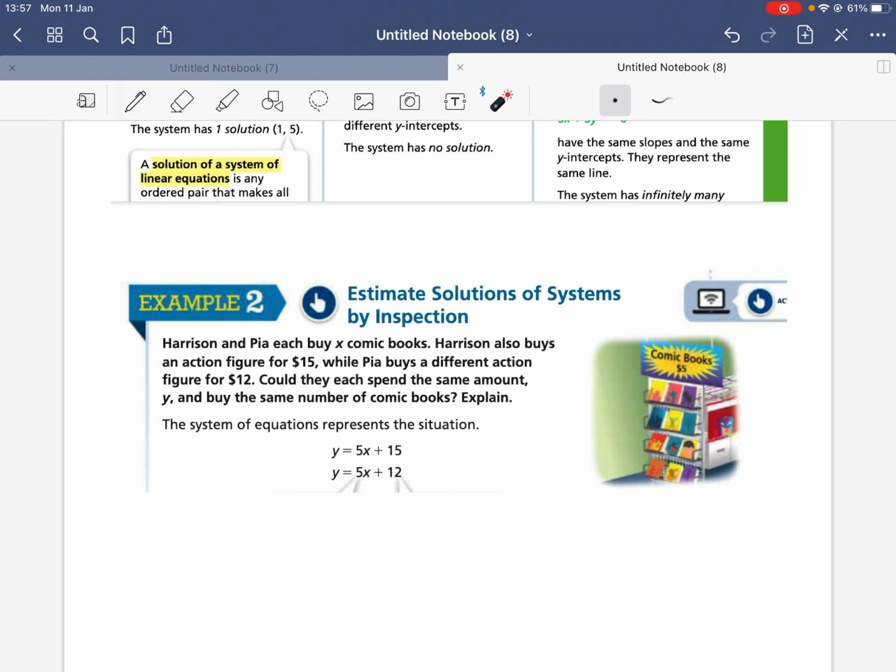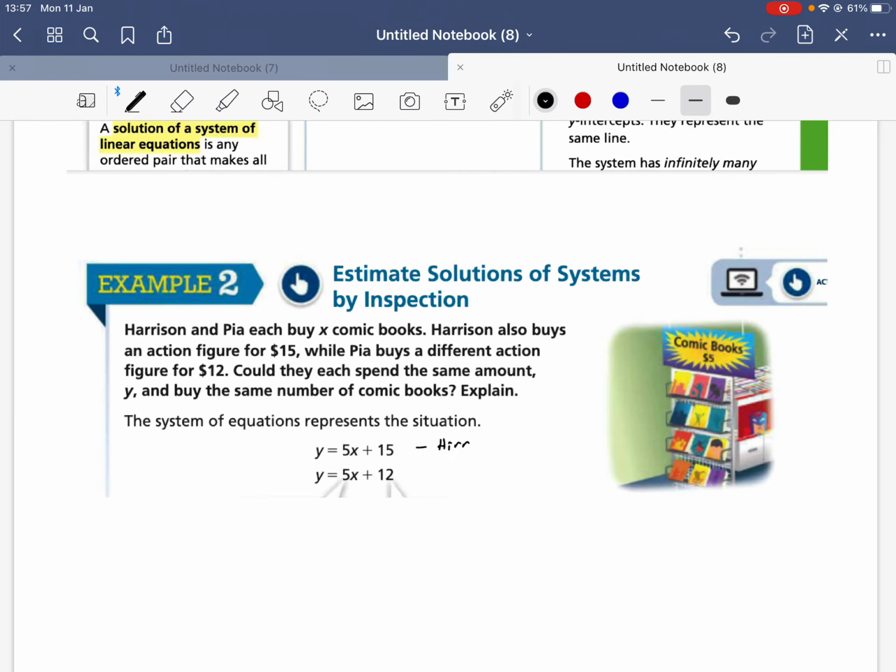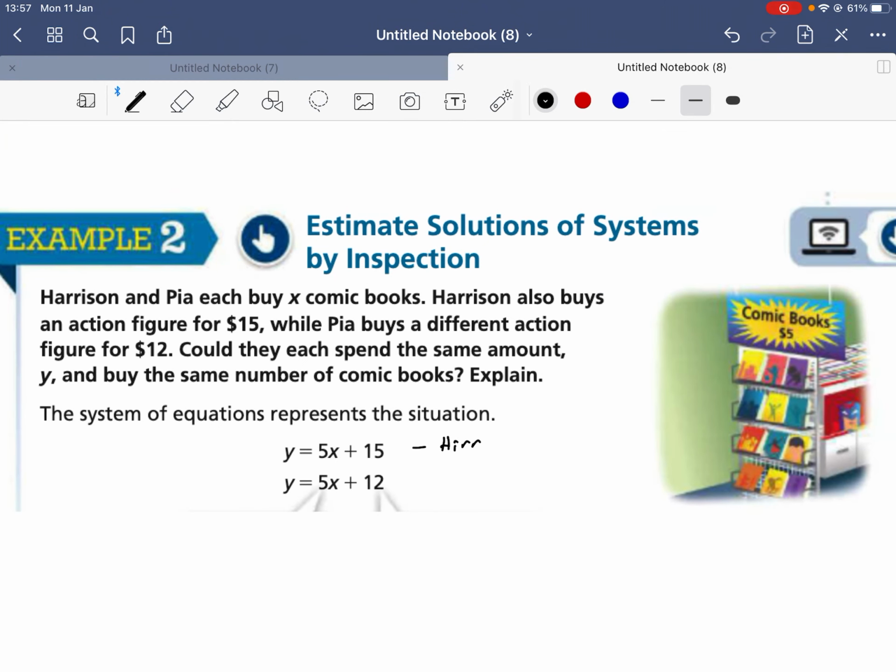So the first one would be Harrison, and the second one is Pia. They buy two different action figures that cost a different amount.